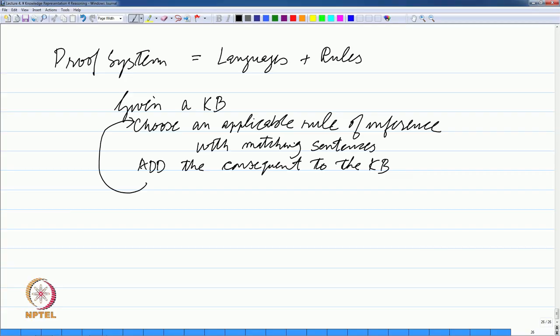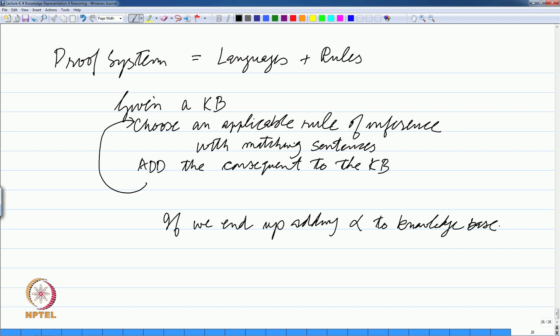So, at the end of it, if I end up adding some formula alpha to the knowledge base, then we write this notation: from the knowledge base we can derive alpha.